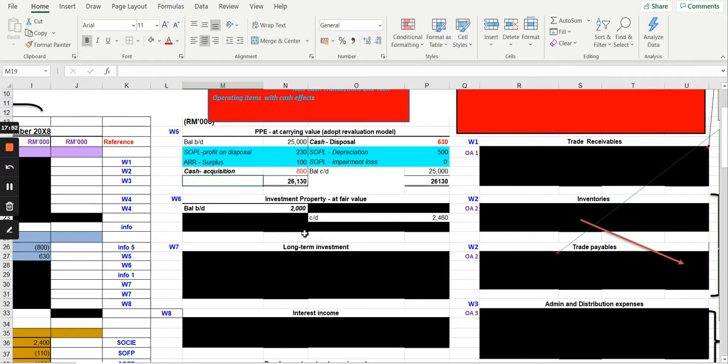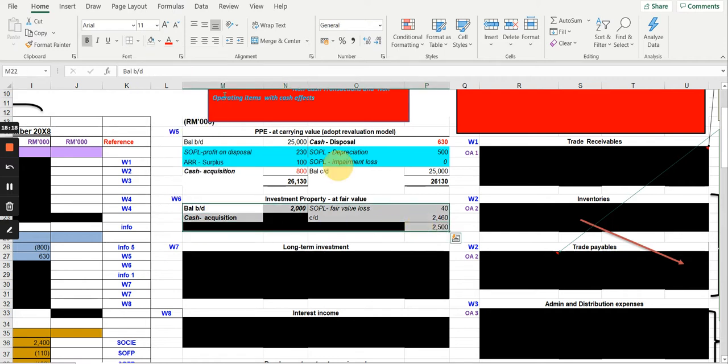So that was to the nearest million. Same goes here, and we put the loss because loss is debited to the profit or loss. And to find out what is the acquisition that involves cash, we will total up the credit side.